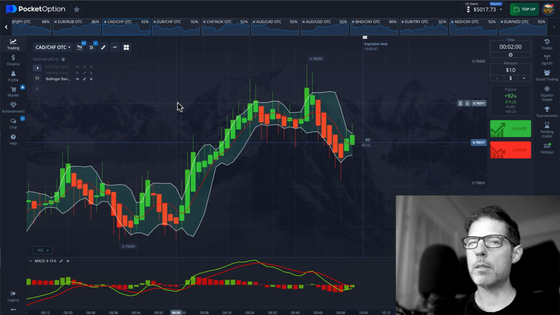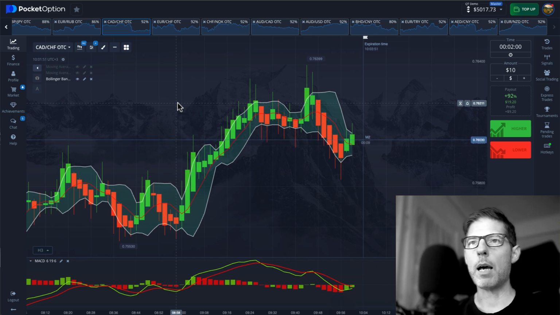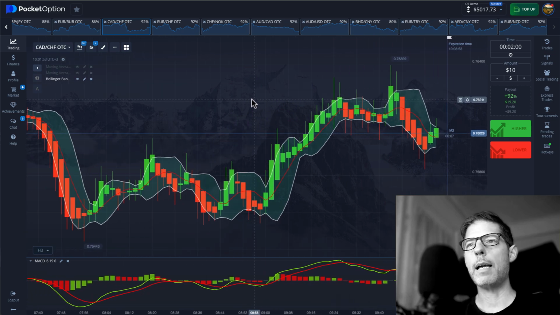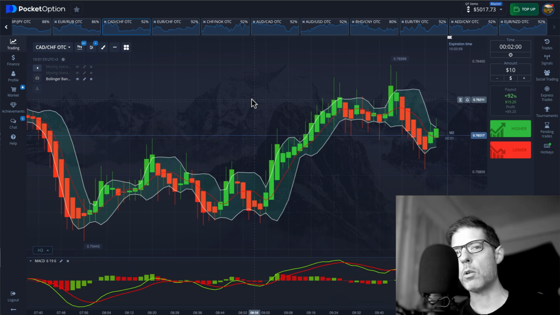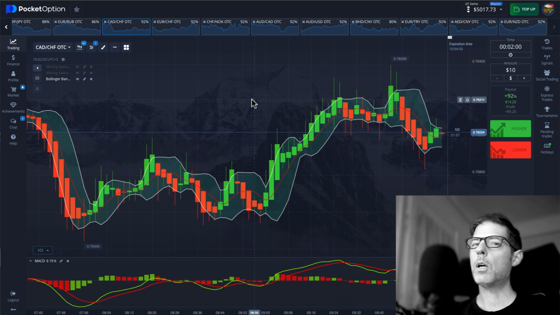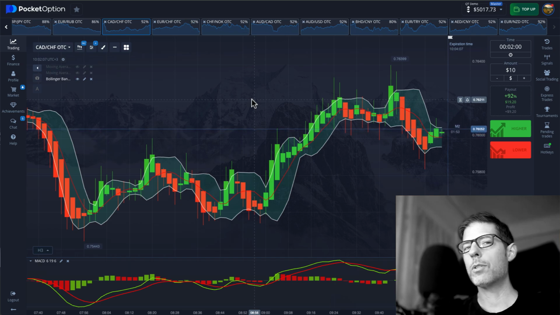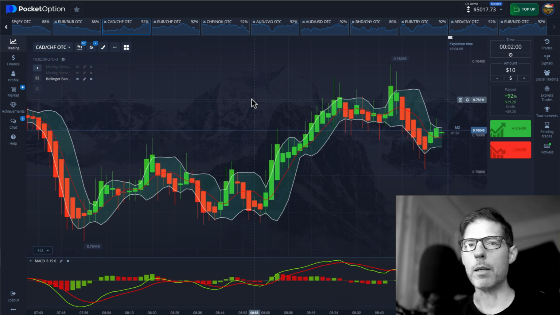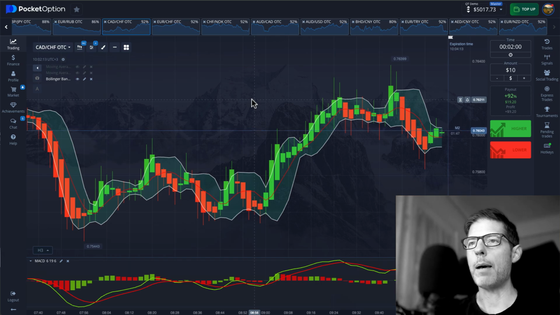I found that this is the best way this strategy is going to work. Because if the price is going one way, but then it just turns and goes the other way, and it does this too frequently, you're going to go in for a sell position or a buy position, and you're just going to get kicked out of the market. It's just going to turn against you right away. And you definitely don't want that to happen.